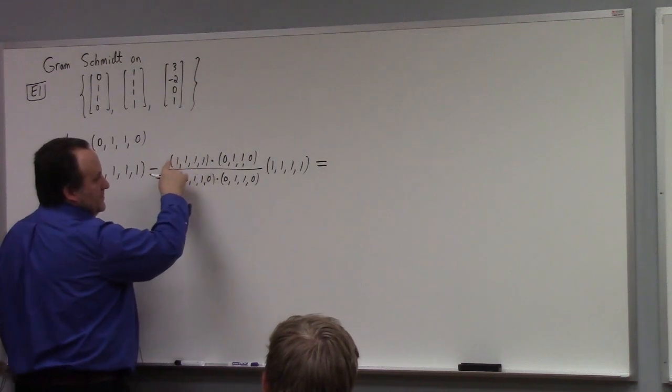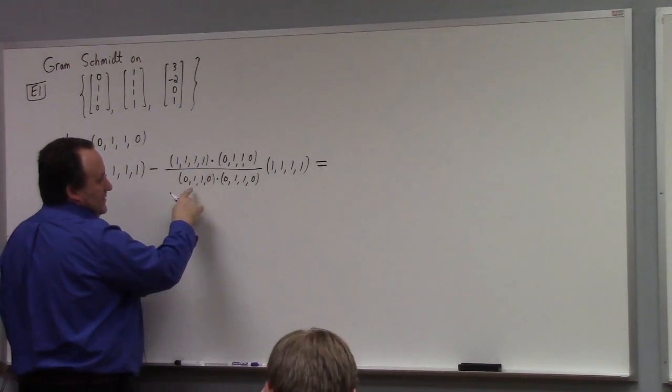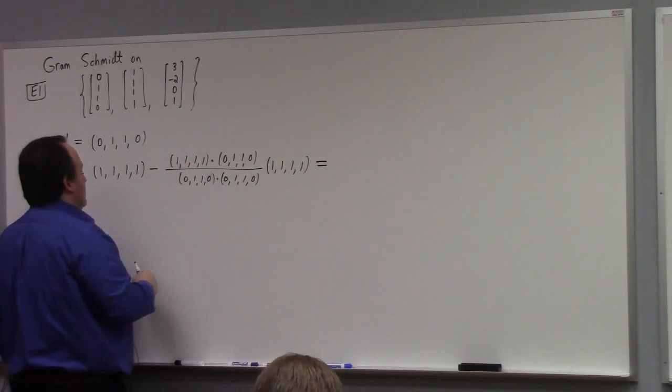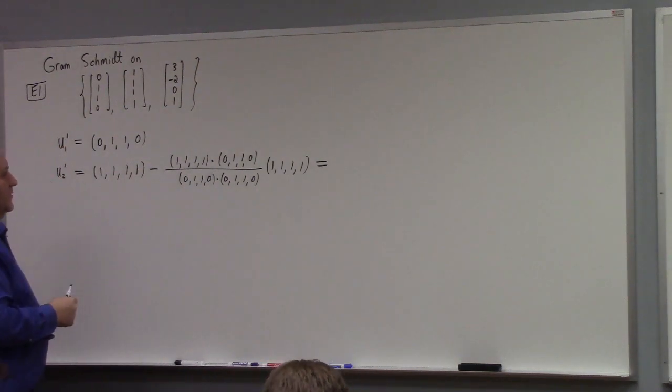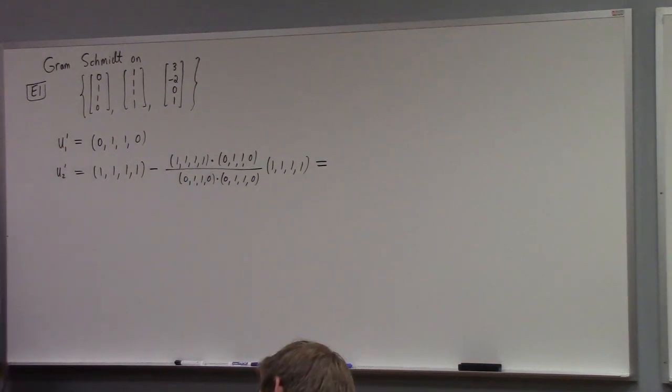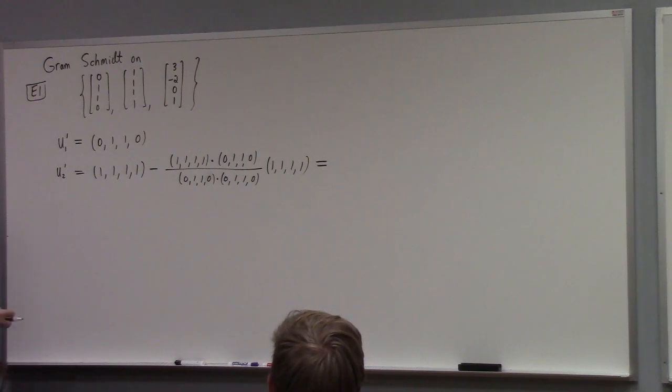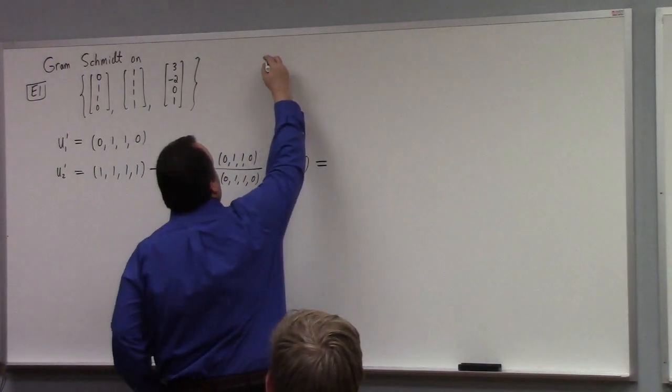Anyway, what do you got here? You've got 2, 1 plus 1, and downstairs you got 2. So you got, whoa, dude, that ain't right. I'm just getting 0, because that's like 1. What did I do? So what's the rule?